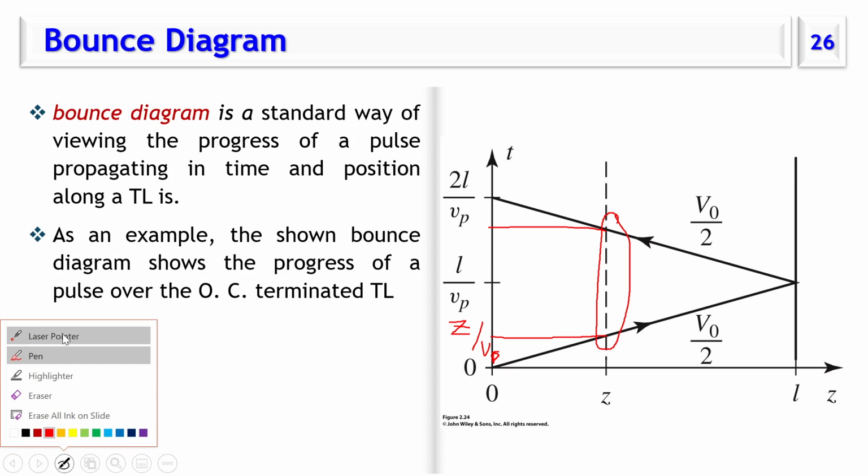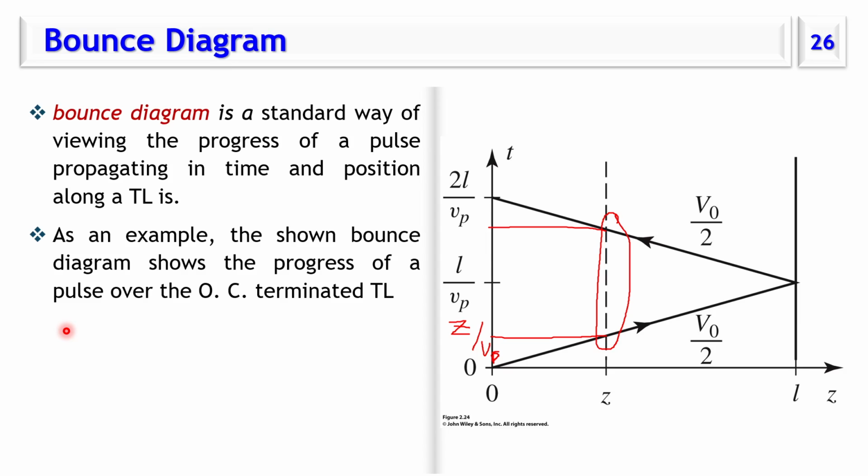So this is the idea of the bounce diagram. In the bounce diagram, at this point we start to see potential V naught over 2 at point Z, and at this point in time we start to see a change in the potential from V naught over 2 to V naught, and after that we have the steady state.